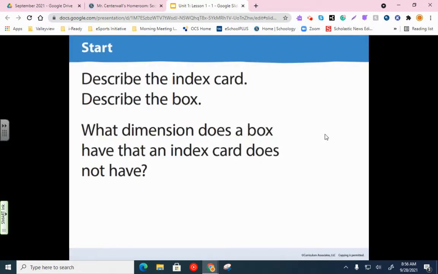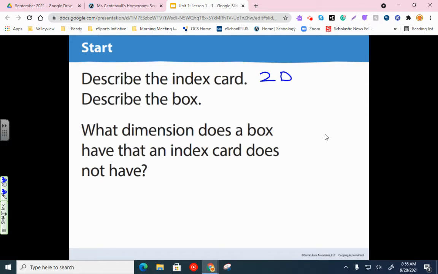This is more of an in-class type thing, but what I basically do is hand you a tissue box or any sort of box and an index card or a piece of paper. And we talk about the differences between both of them. The main thing that's different is that an index card or a piece of paper is 2D, or two dimensional.